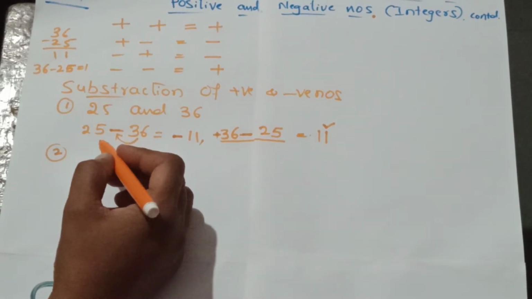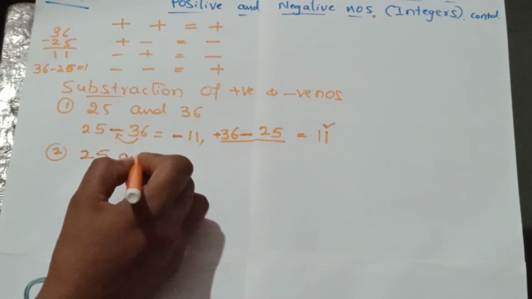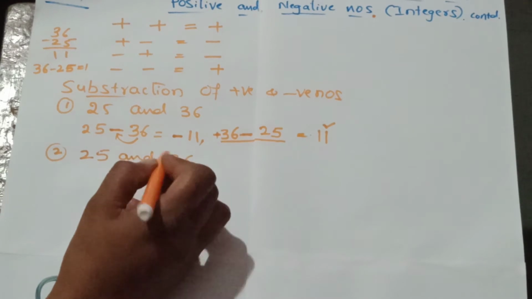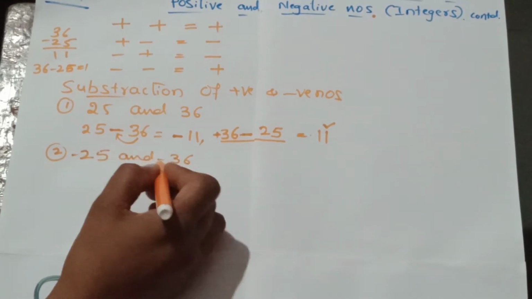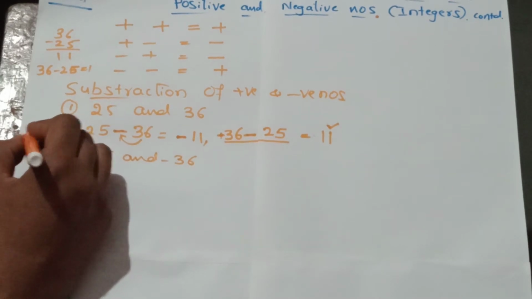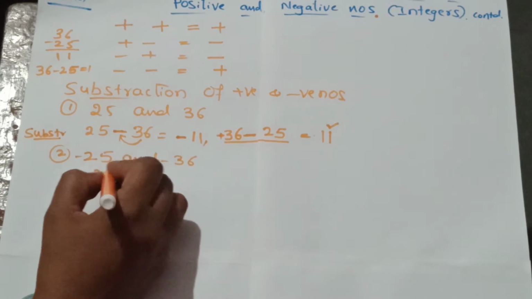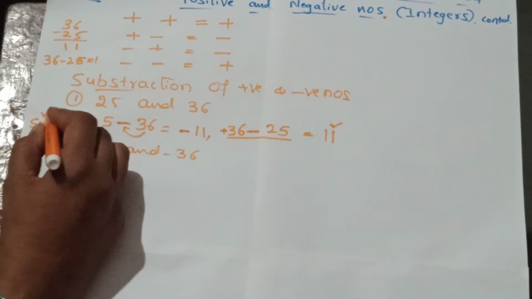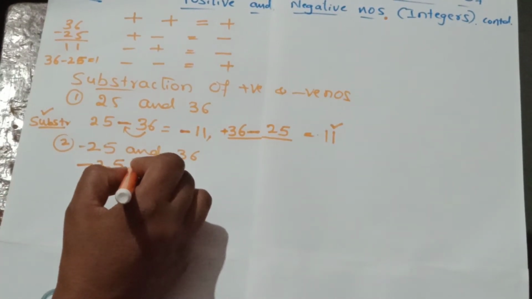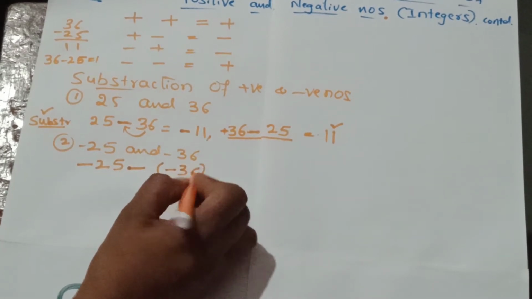Now take 25 and 36 with negative signs, that is minus 25 and minus 36. If the question asks to subtract the numbers, then what are you going to do? Minus 25, as they asked you to subtract, you are keeping the minus sign, and here you are making it minus of minus 36.